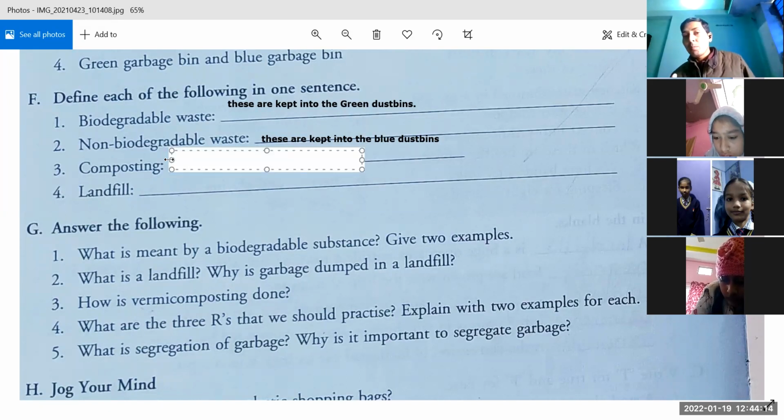Composting and landfill answers are given in the keywords. Rotting of the biodegradable garbage to make compost.